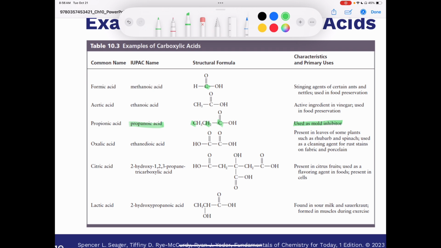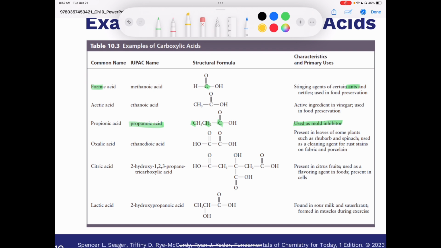Methane for one carbon if it's an alkane, so methanoic acid. And methanoic acid or formic acid, it says it's used as the stinging agent by certain ants and nettles, used in food preservation. And Mr. Dion doesn't speak Spanish, but I do speak French, and I know that in French, ant is fourmi, which is related to formic acid. So that's where the name comes from, which comes from ant and the fact that they have this defensive spray. Okay.